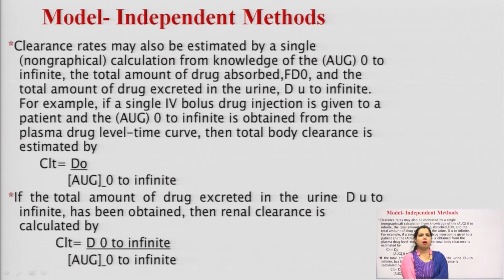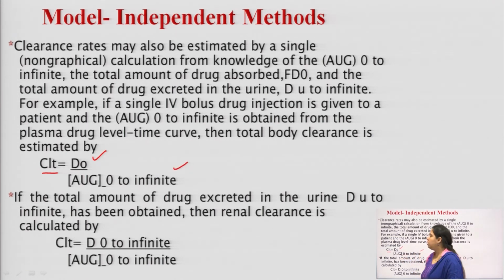So, for example, if a single IV bolus drug injection is given to a patient and the AUC 0 to infinite is obtained from the plasma drug level time curve, then total body clearance is estimated by CLT equals D naught at time 0 over AUC 0 to infinite.